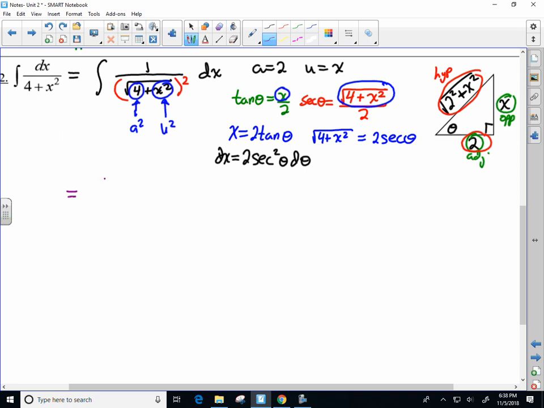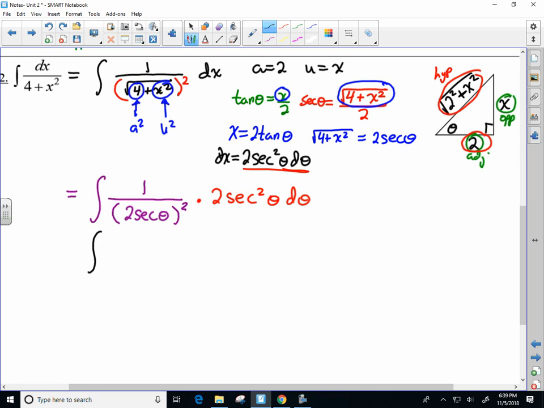All right, so 1 over that radical squared, well, that radical is now 2 secant theta. And the dx is now 2 secant squared theta d theta. Indeed. It's going to come out pretty nicely.